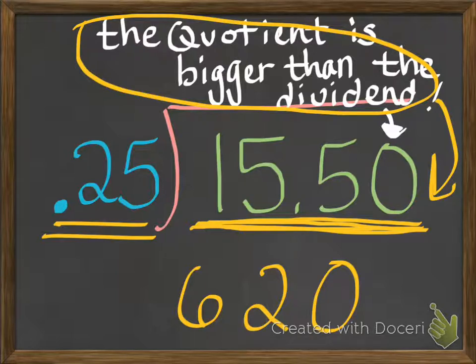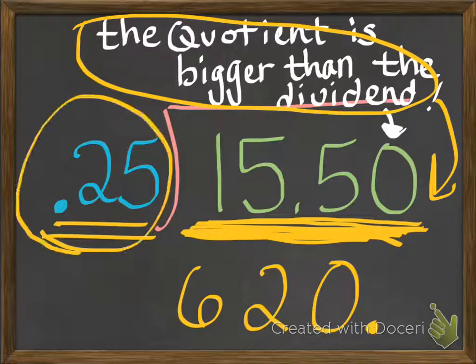So that means my decimal point either has to go right here to make the answer 62, or it has to go here to be 620, because both 62 and 620 are bigger than the dividend 15.5. Okay? So that's just a trick to keep in mind to help you know where to put that decimal.